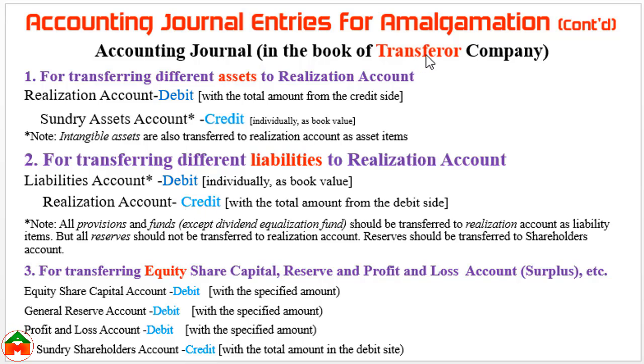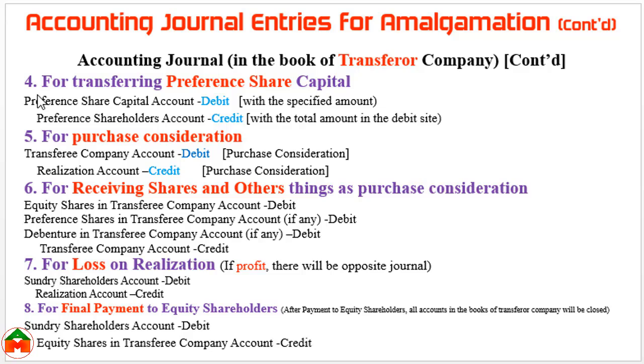There are other journal entries for the transferor company. In the next slide we are going to show them. In the fourth journal, we will make a journal entry for transferring any preference share. If there is any preference share, then preference share will be debited, because again I am reminding, we are journalizing for the transferor company, the company which will be liquidated.